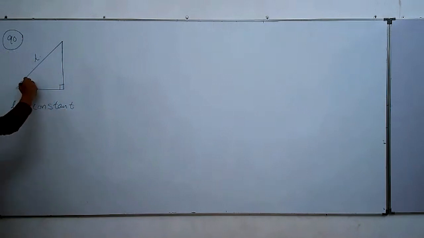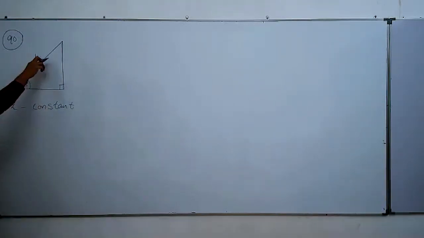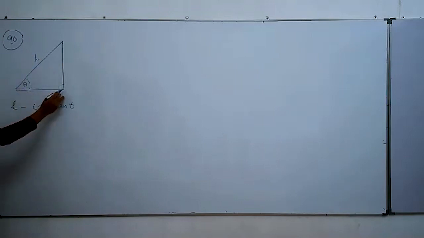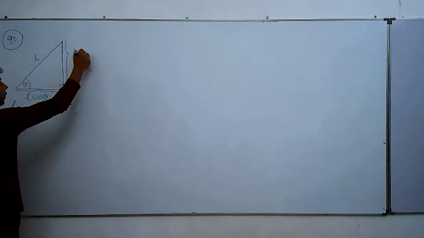And I'm going to take this angle as theta. Hypotenuse is L. L is a constant. Then using this L, I can write the adjacent side of the triangle, towards the angle, the length is L cos theta. Opposite side, L sin theta.